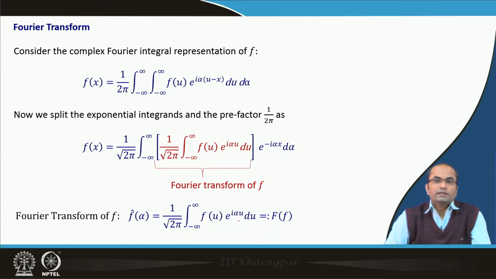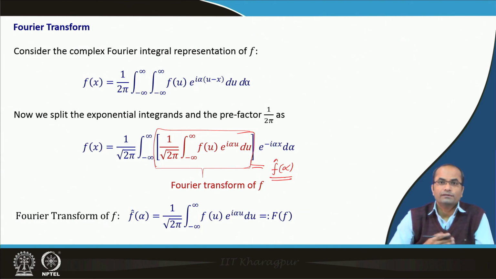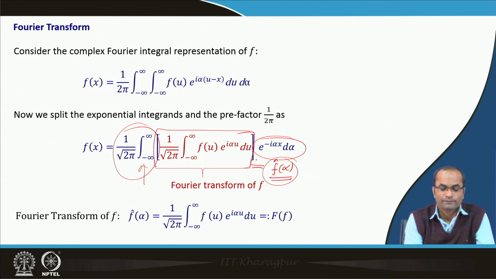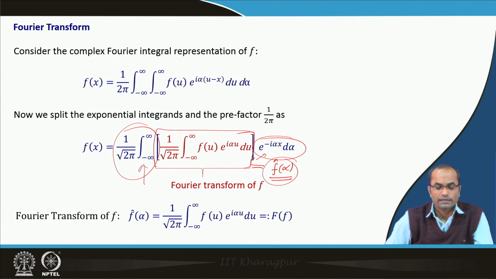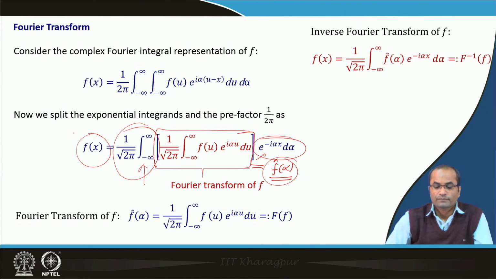Now, coming back to the inverse Fourier transform, because we have introduced this inner integral as the Fourier transform, and suppose this is a function of alpha, f hat alpha. Given this Fourier transform, if we can perform the outer integral, 1 over square root 2 pi, minus infinity to plus infinity, f hat alpha e power minus I alpha x d alpha, then we will get back the function, and that is what we call the inverse Fourier transform of f.